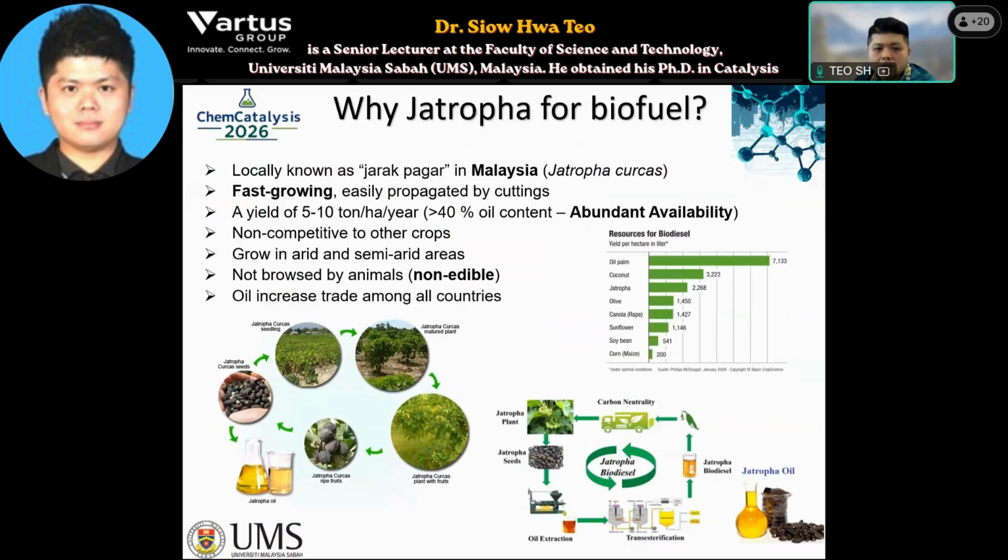In addition, it is a fast-growing crop with high oil content and can be cultivated in arid and semi-arid regions with relatively low agricultural input. These advantages make jatropha a sustainable and attractive feedstock for biodiesel production, and therefore it was chosen for this study.